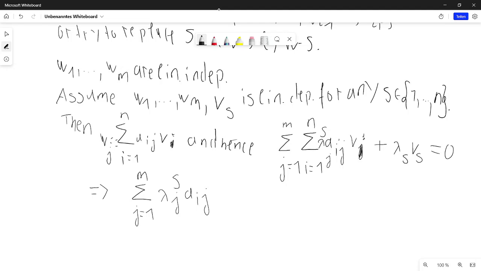We could also switch the sums simply, and you would get the coefficient of the i, which is given as such a sum. Okay? And this is for s in 1, 2, n, or what? 2n, right? And this is now equal to 0, right?